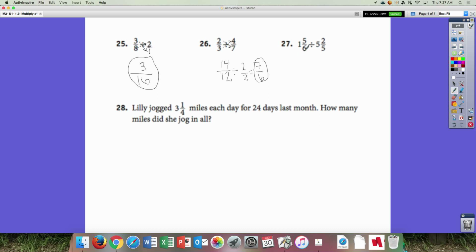All right. Now, last one. 1 5/6 times 5 2/5. What is 1 5/6 as an improper fraction? 11 over 6. Good. What is 5 2/5 as an improper fraction? 27 over 5. Good. Again, try and do this one.